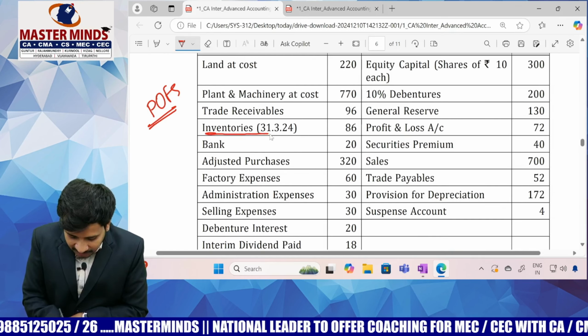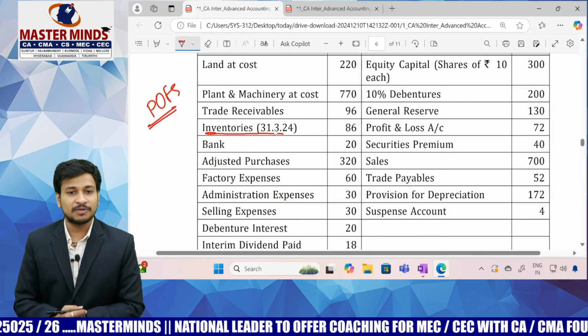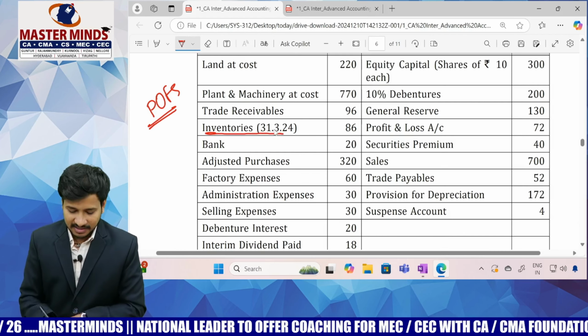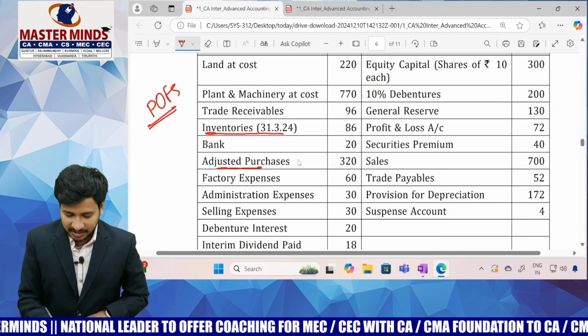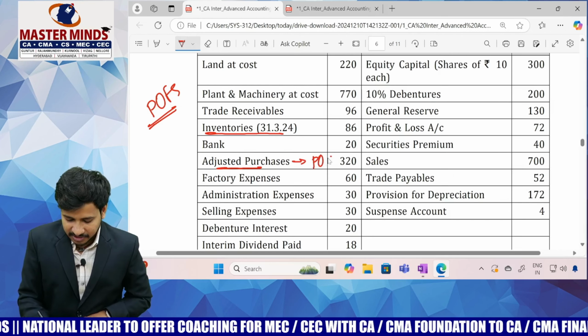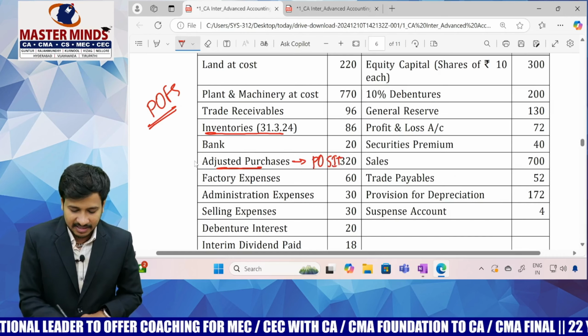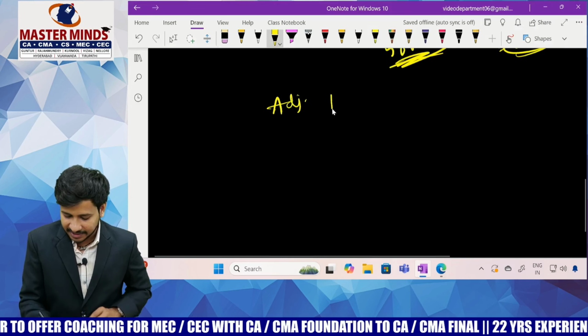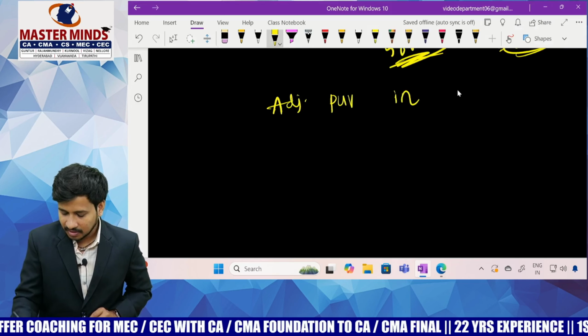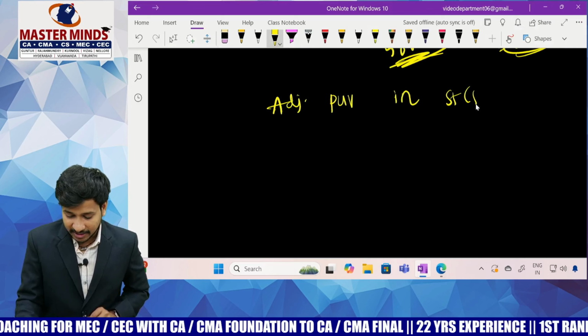First one, closing inventory is given in the trial balance, which implies that opening inventory is adjusted under adjusted purchases. Even institute material had taken adjusted purchase as purchase of stock in trade, but technically that is wrong because there is no head called adjusted purchases in statement of P&L account.